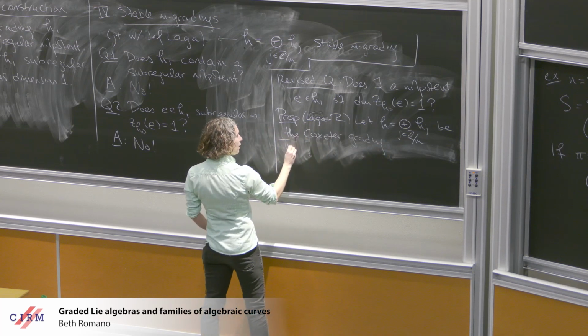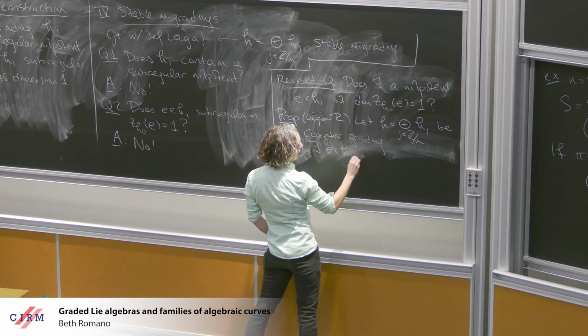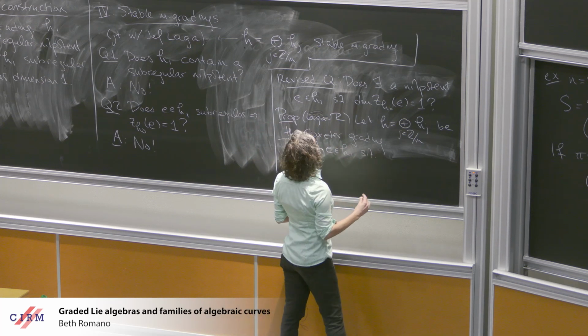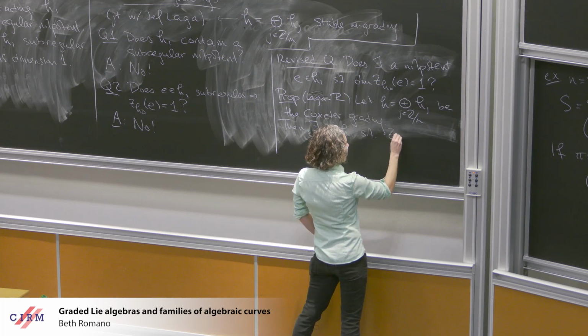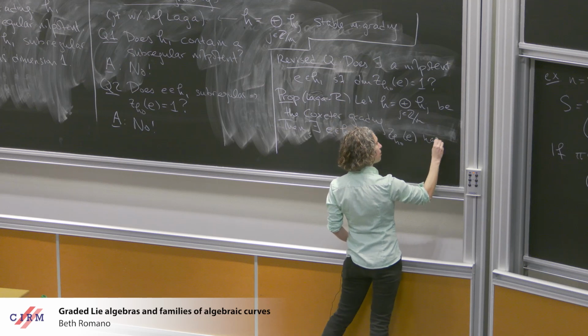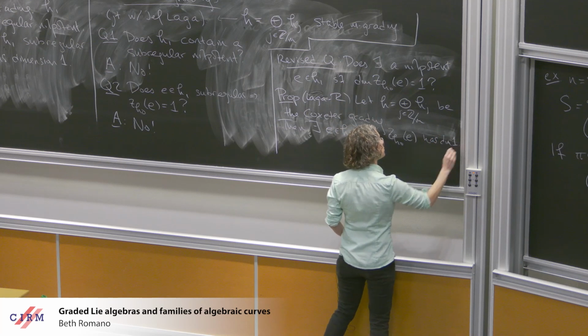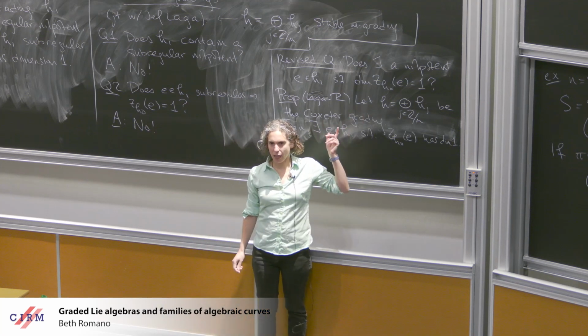Then there does exist an E in H1 such that the centralizer in H0 of E has dimension 1.